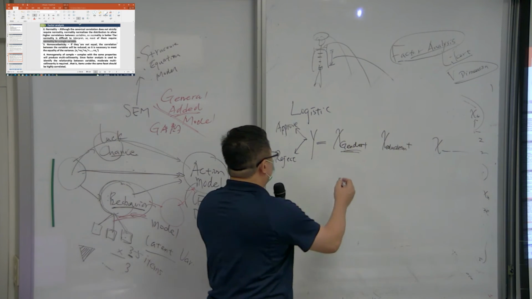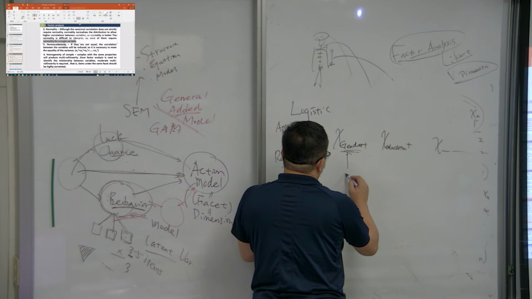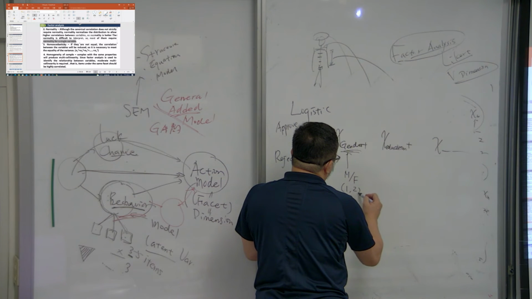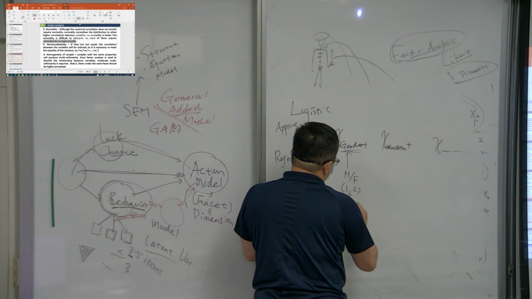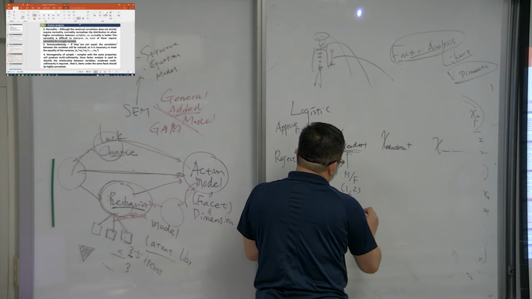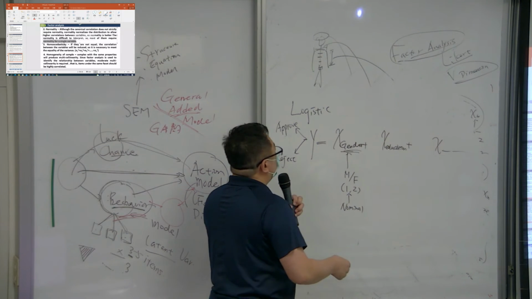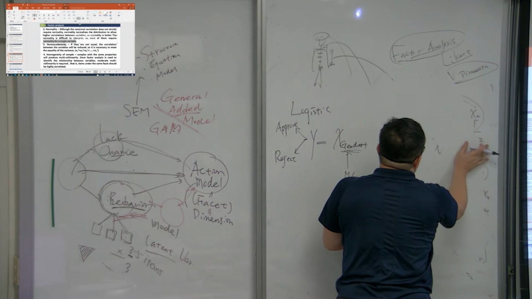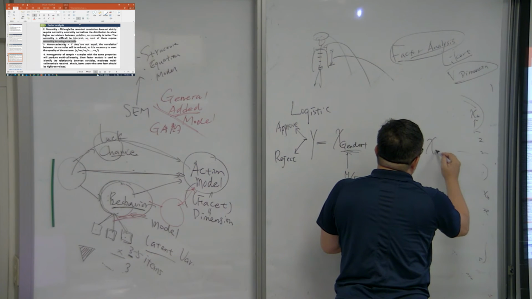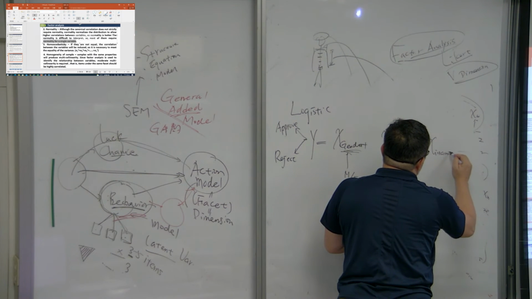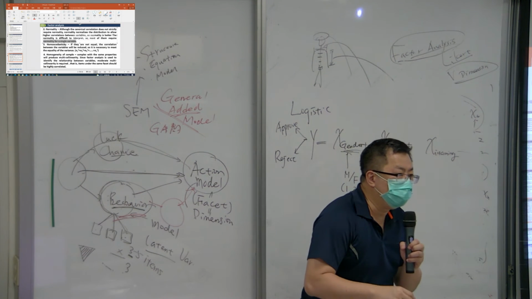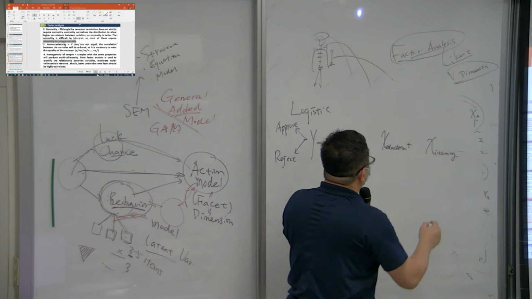So this is nominal. Male or female, 1 or 2, 1 or 0. This is nominal. So this is logistic. But maybe they need your income information. Oh, this is a continuous variable.